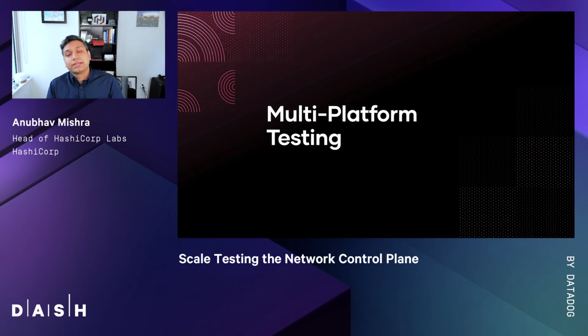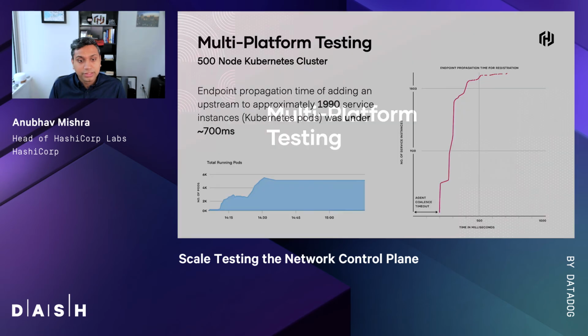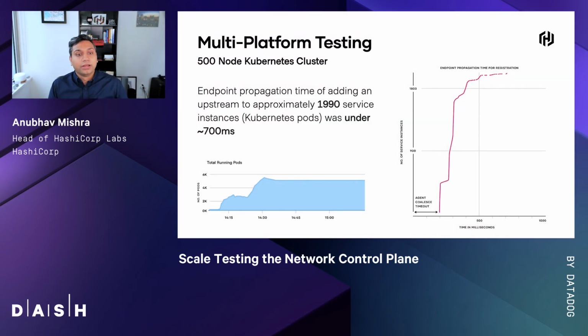Right, and not only did we test this on EC2 instances, I guess EC2 instances running Nomad, we also wanted to try it for Kubernetes. And so we ran a 500 node Kubernetes cluster, where we did the endpoint propagation time test. You can see it took about 700 milliseconds for 1990 service instances to get the endpoint propagation event.